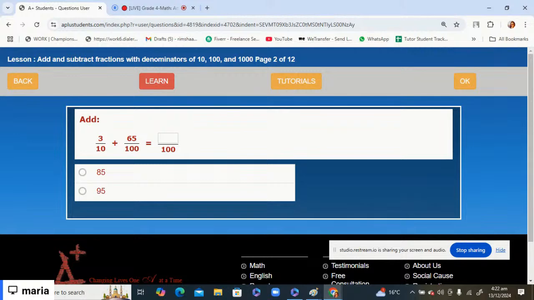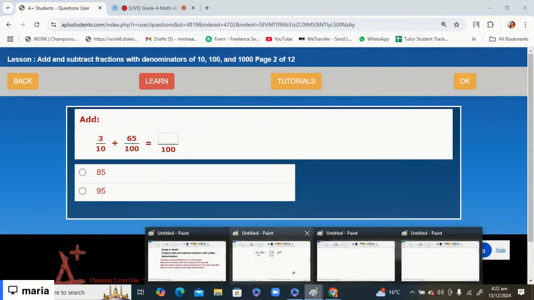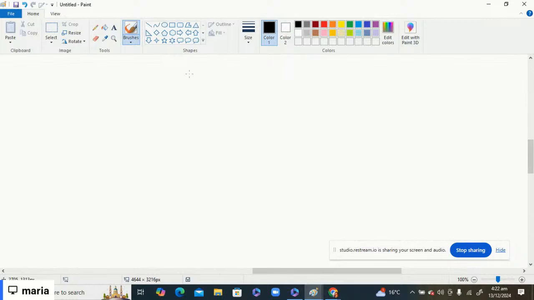Okay. 3 by 10, 65 by 100. Everyone try to solve this one. Multiplying and dividing 3 by 10 with the 10 to make the denominator equal to 100.